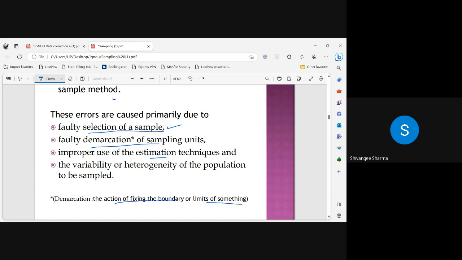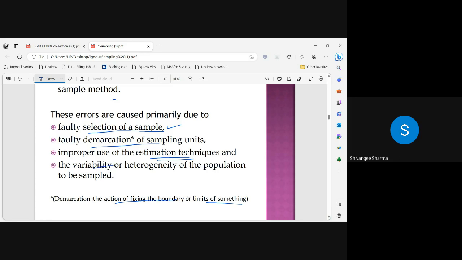Then improper use of estimation techniques, right? If you are estimating the results using improper techniques, then also the error caused is known as sampling error.